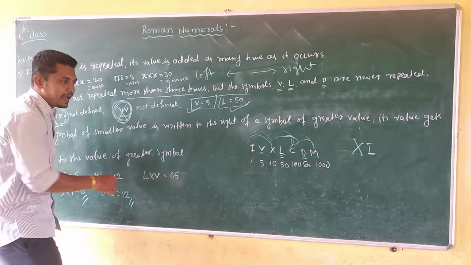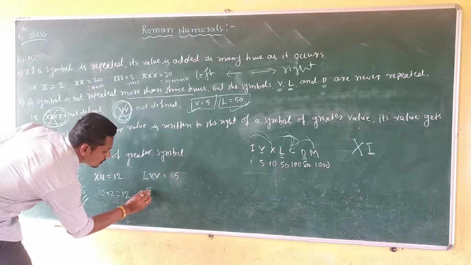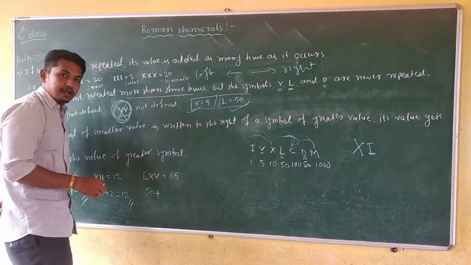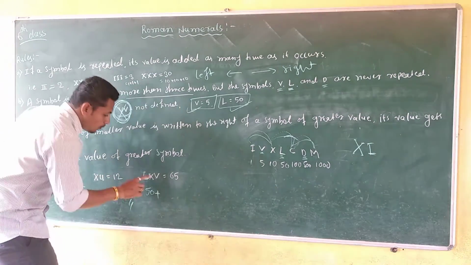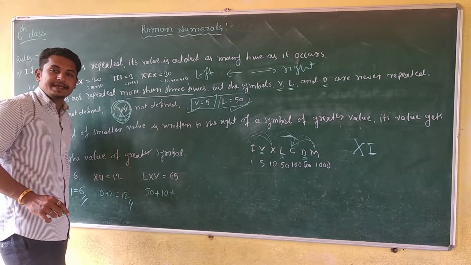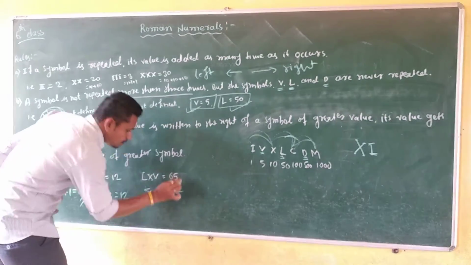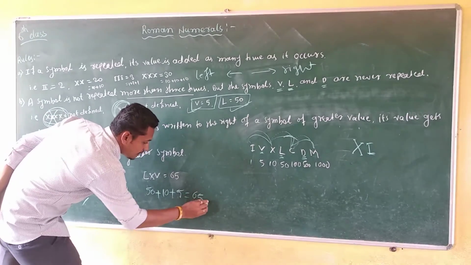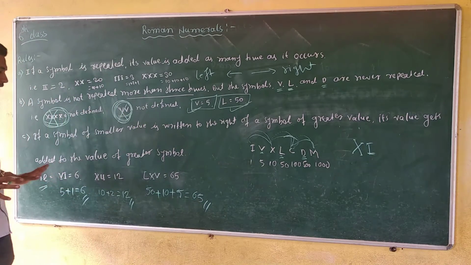What is the value of L here? 50. And X is on the right hand side of the L, so add. The value of X is 10 plus the value of V, which is 5. So it is equal to 65. You understood how it is?